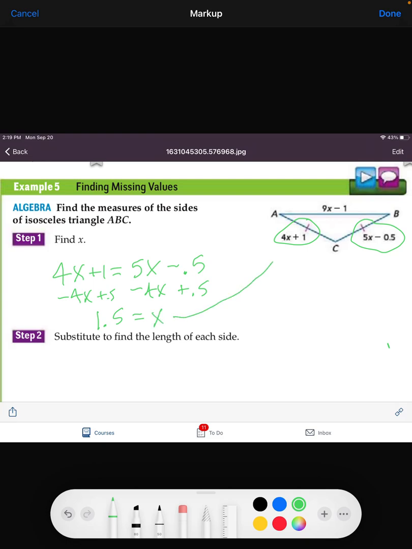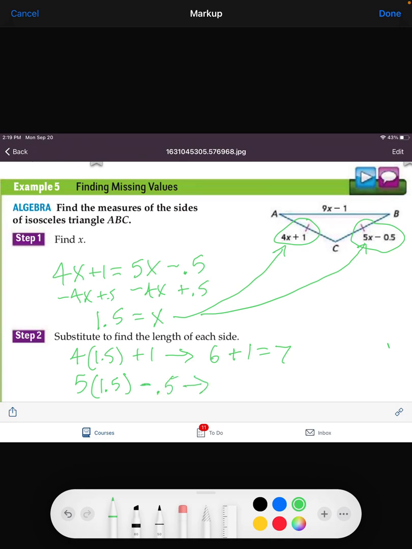Then we can plug our x back into each equation to get the length of each side. So 4 times 1.5 plus 1. That becomes 4 times 1.5 is 6, plus 1 equals 7. In our other equation, 5 times 1.5 minus 0.5.